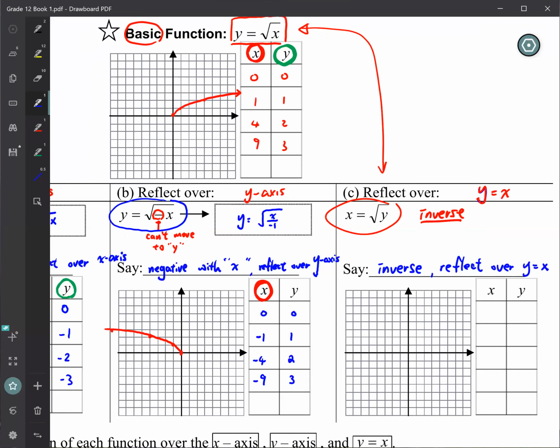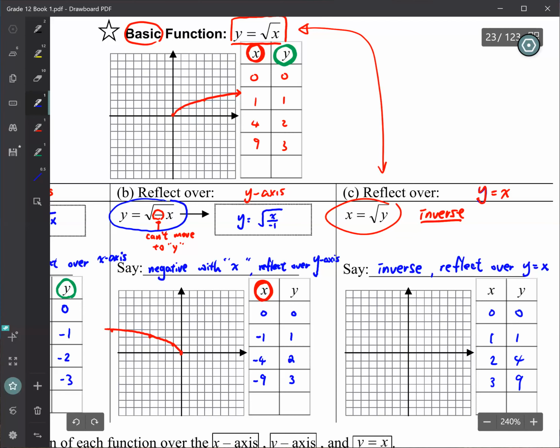Okay, so x and y swap. So what are the points then? Trudy. It would be 0, 0. Next one, 1, 1. Swap the x and y of the original. Next one, 2, 4, and then 3, 9.